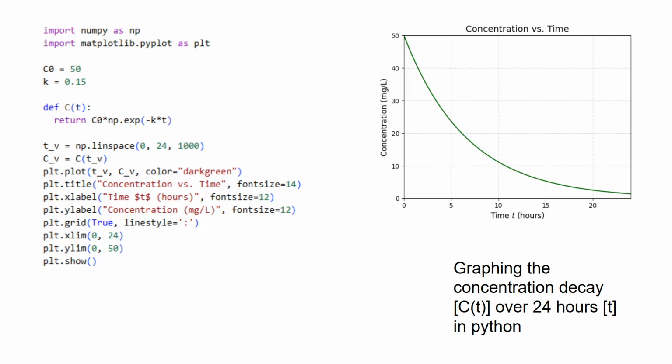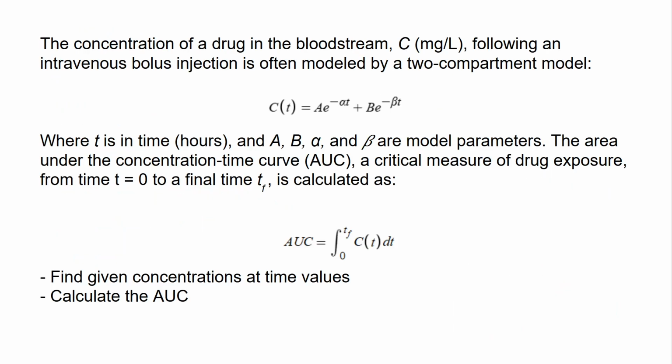Now, moving on to the second problem, concentration of a drug in a bloodstream C following an intravenous bolus injection is often modeled as a two-compartment model, so similar to this previous example, but this one has two separate terms. T is the time in hours, A, B, alpha, and beta are the different parameters of the specific drug.